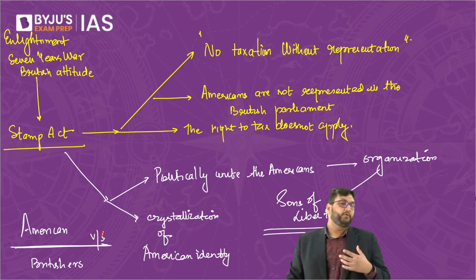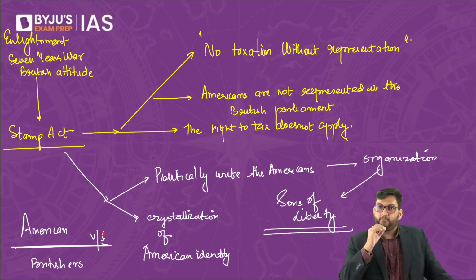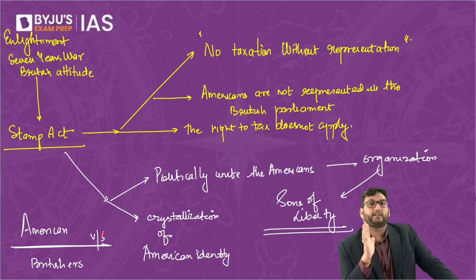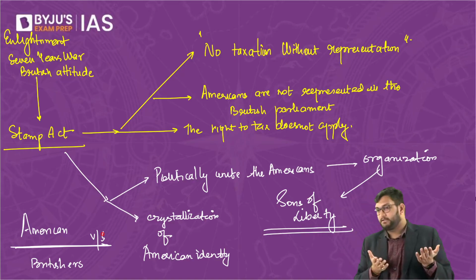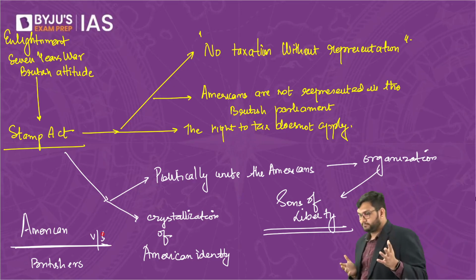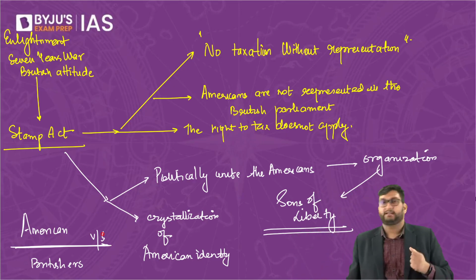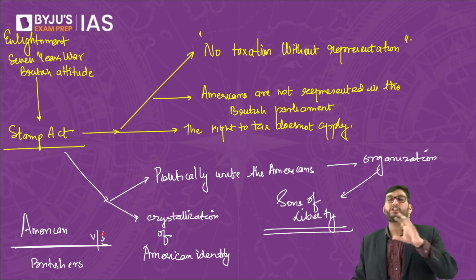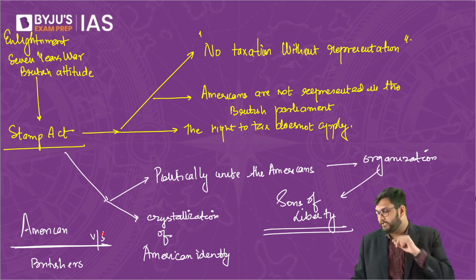And if you understand one point: in a relationship of colonialism, which is the concept of mother country and colony, is it a relationship of equality? No. The basic point is that colonialism is based on hierarchy. It is based on domination. It is based on subjugation. It is based on subordination.